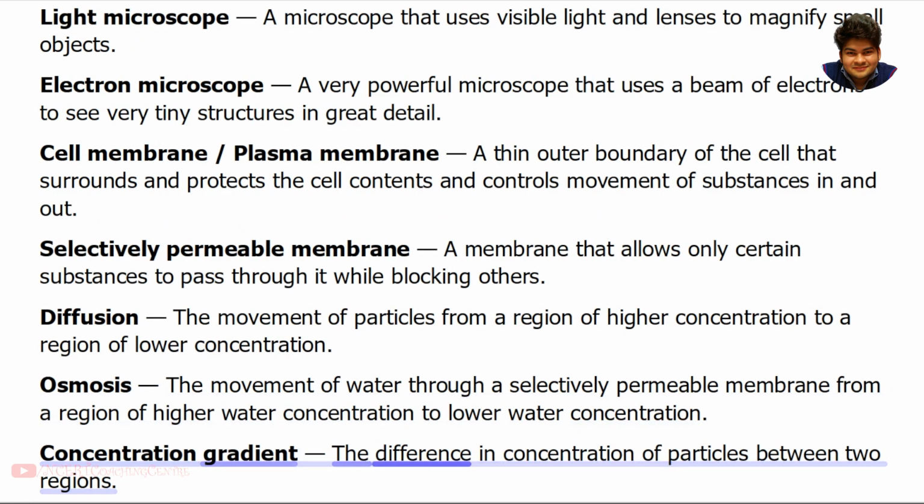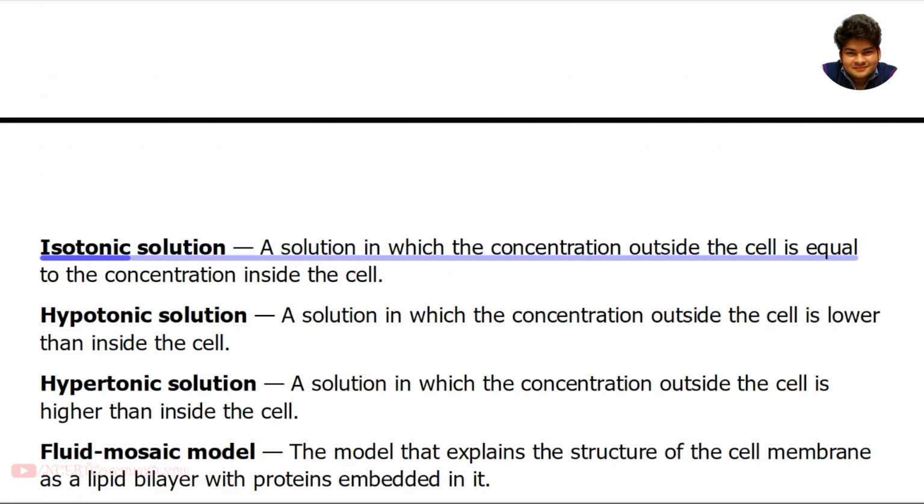Concentration gradient, the difference in concentration of particles between two regions. Isotonic solution, a solution in which the concentration outside the cell is equal to the concentration inside the cell. Hypotonic solution, a solution in which the concentration outside the cell is lower than inside the cell. Hypertonic solution, a solution in which the concentration outside the cell is higher than inside the cell.